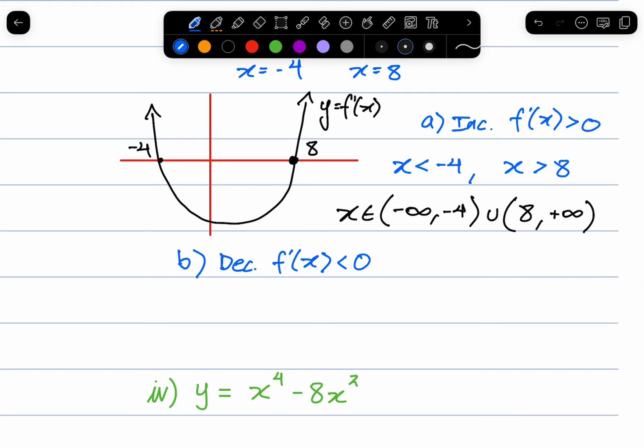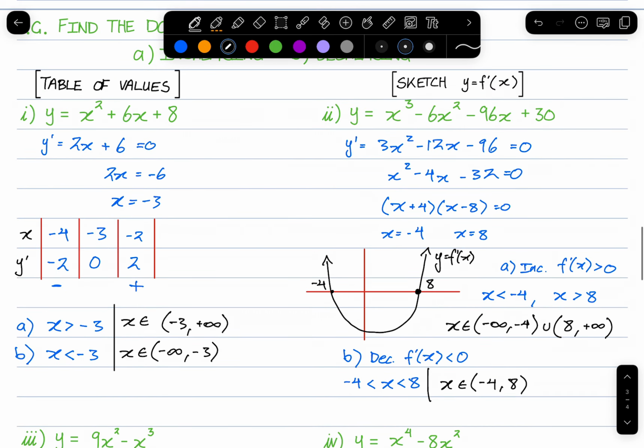So we can solve this. It's going to be x is less than 8, but greater than or equal to -4. So that is the solution in inequality notation. And in bracket notation, it'll be x is a member of -4 to 8.